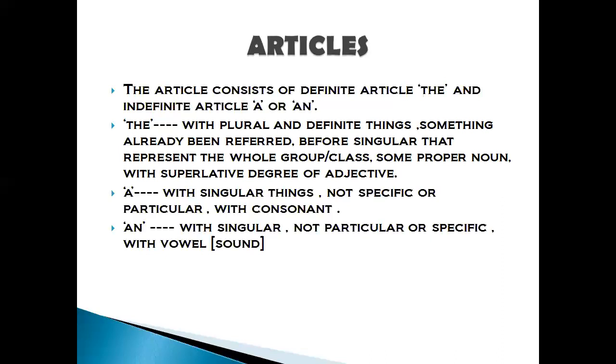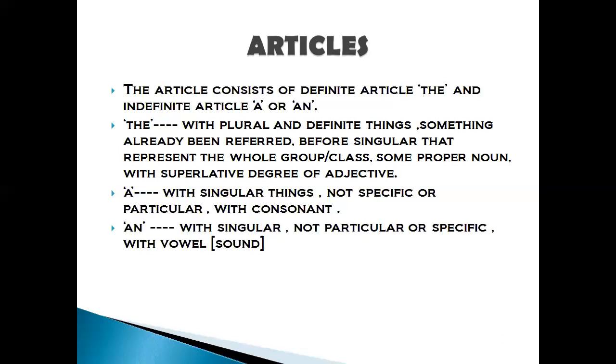Few words like union, university, uniform, unicorn, 1 rupee note or 1 rupee coin all start with the vowel letter U in this case, but do not have a vowel sound.